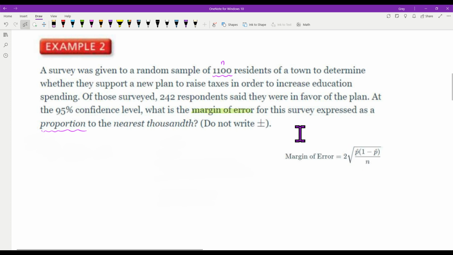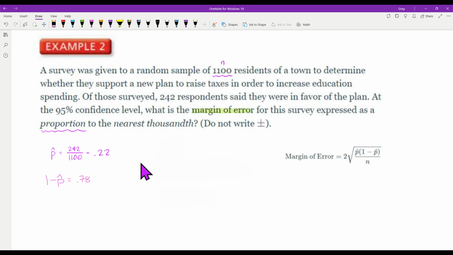They tell us that 242 respondents said they were in favor of the plan. So we figure out p hat by taking those 242 and putting it over the total of 1,100 residents. So our p hat amount is 0.22. I didn't write this down, but I hope you know that 1 minus p hat, which I'm going to put in my formula, is 1 minus 0.22, which is 0.78.